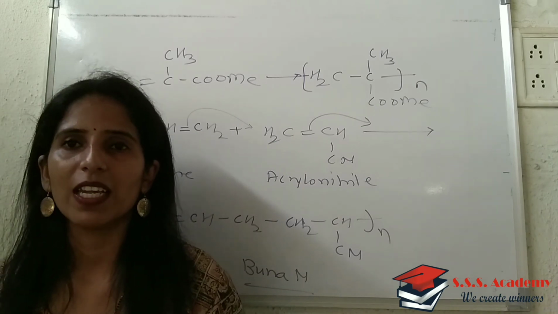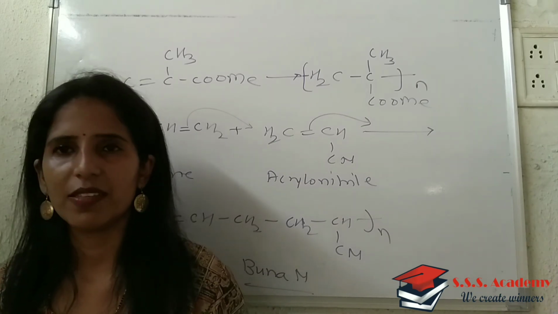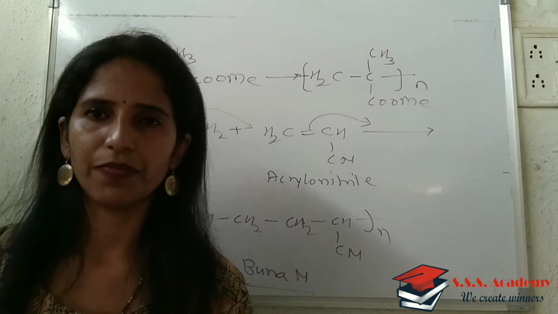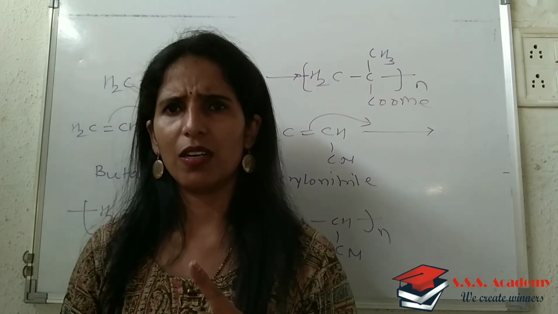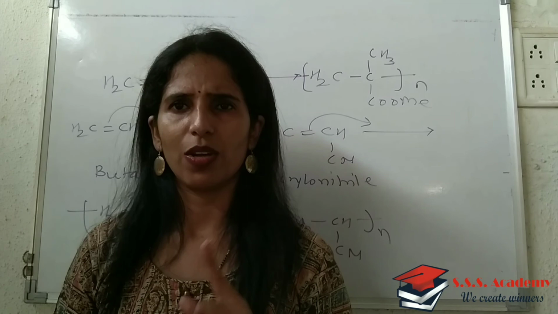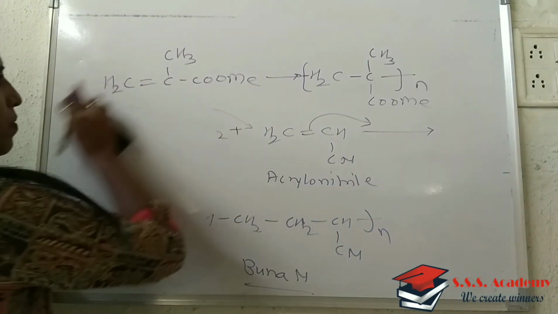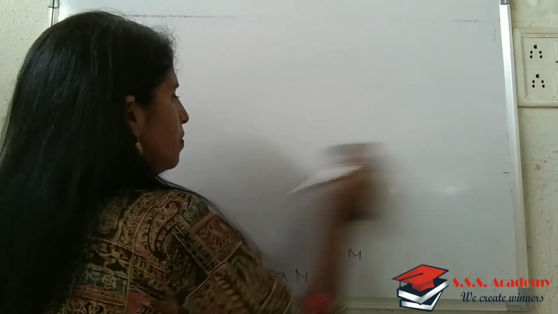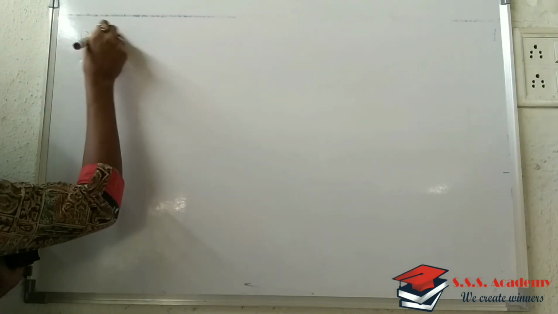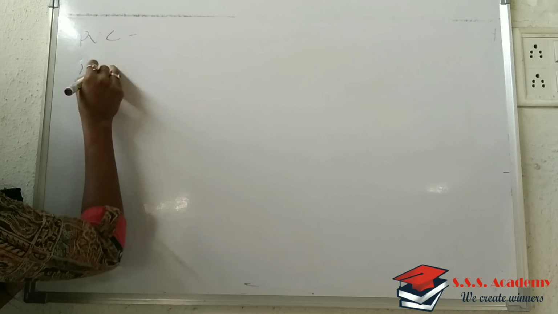Next is polyvinyl chloride. It's PVC, a very well known polymer. So let's see the monomer and the polymeric structure of PVC. Vinyl chloride must be the monomer unit.